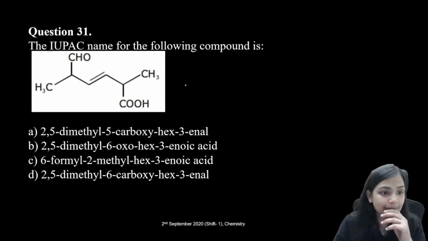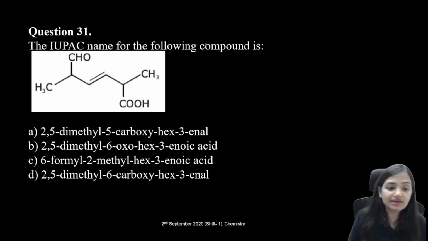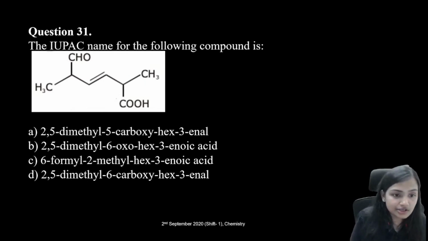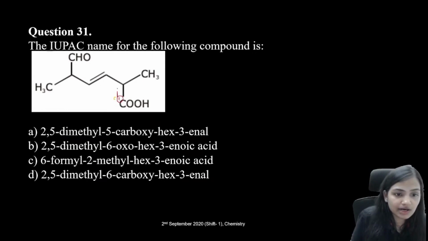What is the answer? Which is the highest priority functional group? Whenever we have a molecule with multiple functional groups, we have to take that particular root word which consists of both the functional groups, right? So here the numbering will be done in such a way. This is number 1, this is number 2, number 3, number 4, number 5 and number 6.